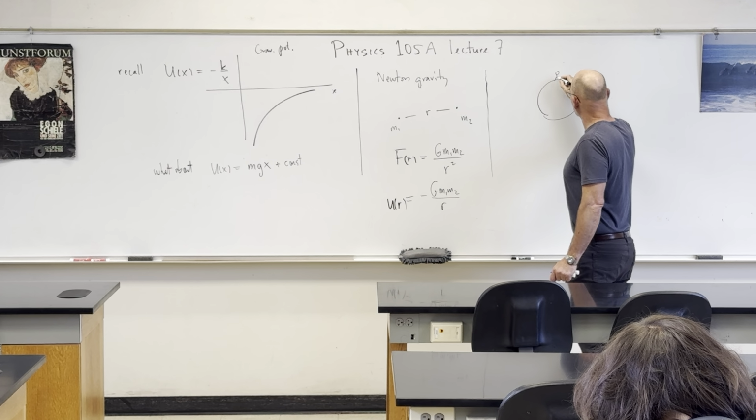So the force with which the Earth attracts me towards its center is equal to G M m over R squared, where R is the radius of Earth. That's Newton's law of universal gravitation.